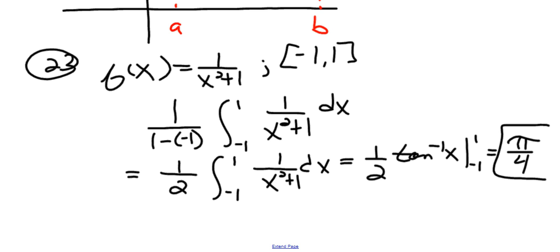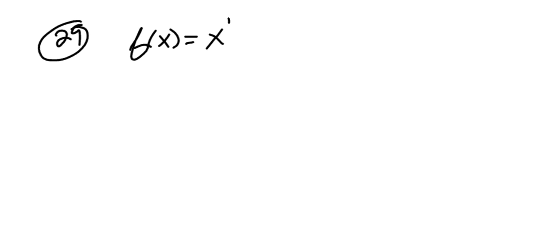Let's do one more. I like this problem because of its applying to many situations. The function is x to the nth power, and we're going to be on the interval from 0 to 1. It's clarifying that it's a positive n. We're only doing positive integers for our exponents.